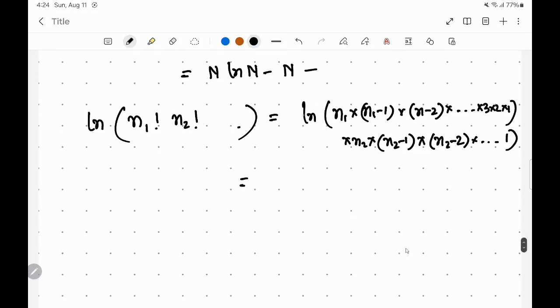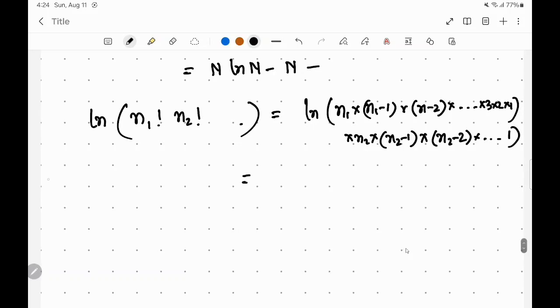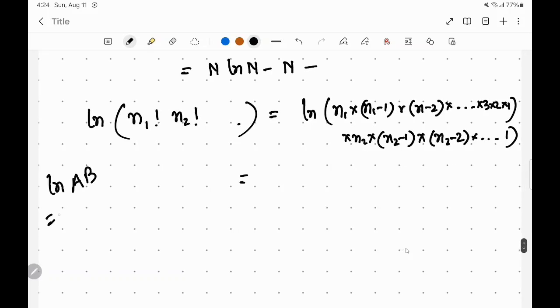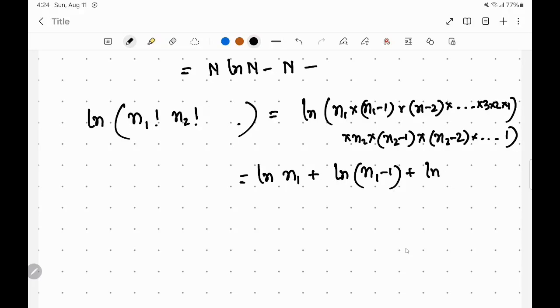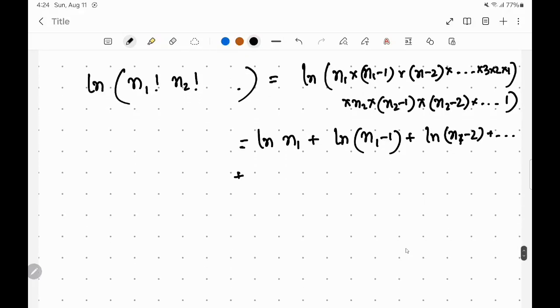So when you operate ln, you know ln AB equals ln A plus ln B. So if you apply this, it will be ln 1 plus ln n1 plus ln of n1 minus 1 plus ln of n1 minus 2 and it goes on. Here is the summation, but the same will be there for n2 as well. So like this, n2 minus 2.